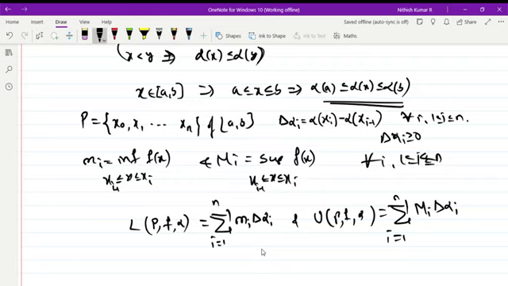In a similar way, moreover, here also m is less than or equal to small mi, which is less than or equal to capital Mi, which is less than or equal to capital M for all i between 1 and n.